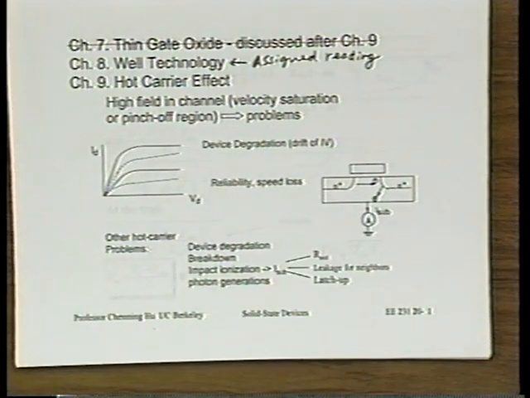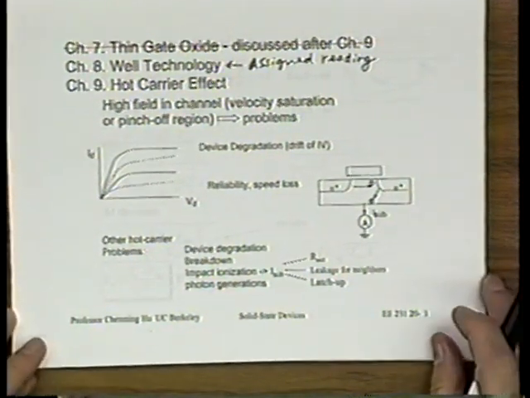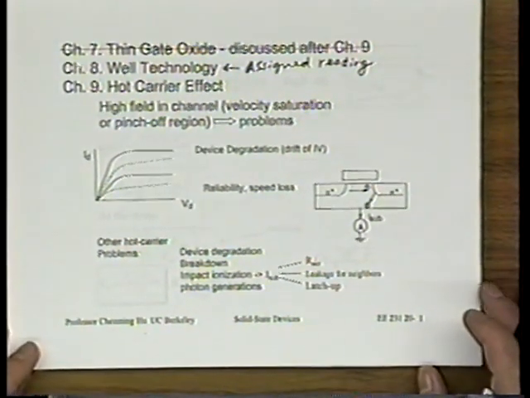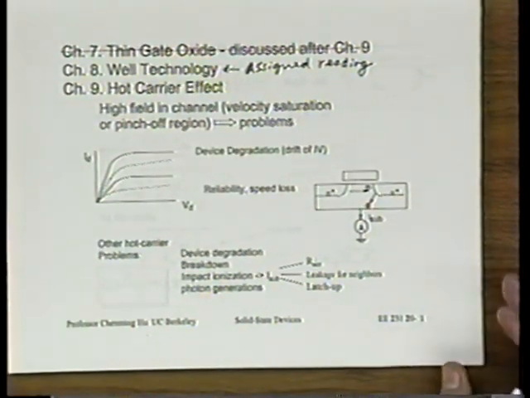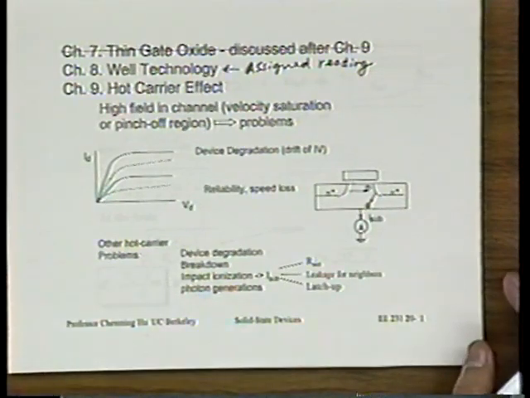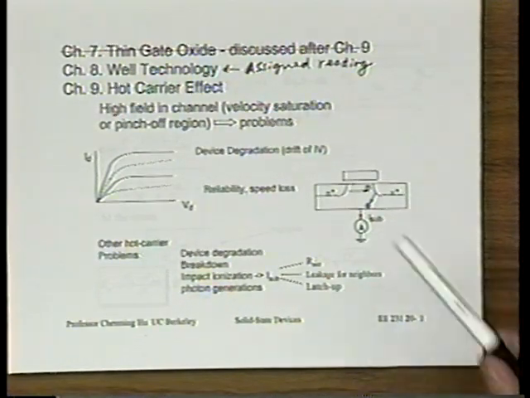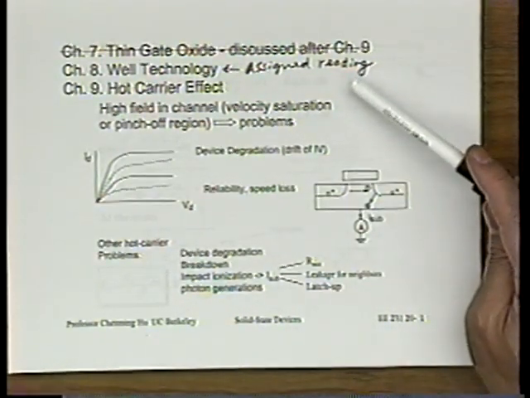And I think the ordering this way would be a little better, and I'll explain why later on. All right? And what we skipped are materials not covered in the textbook. I will still use the slides. It's just I will use them after I finish chapter 9. All right? Okay. So you should start reading well technology.